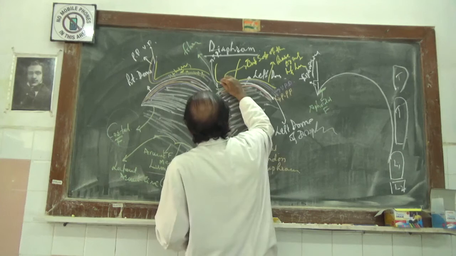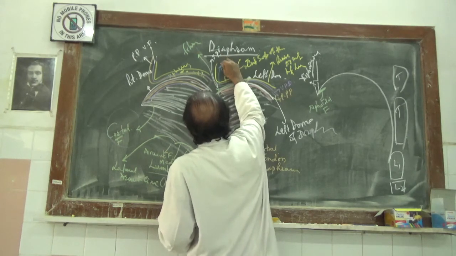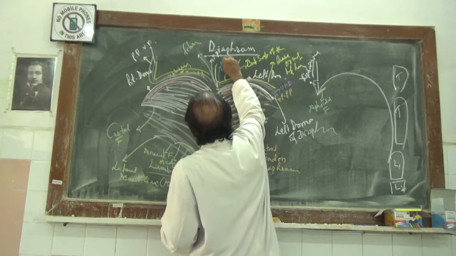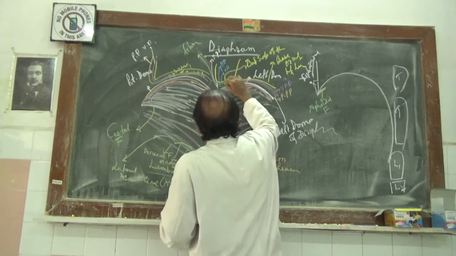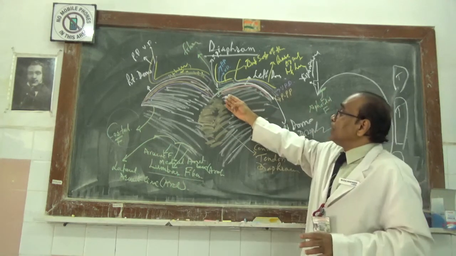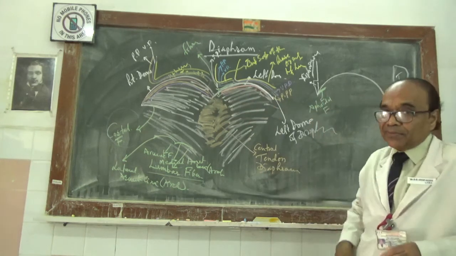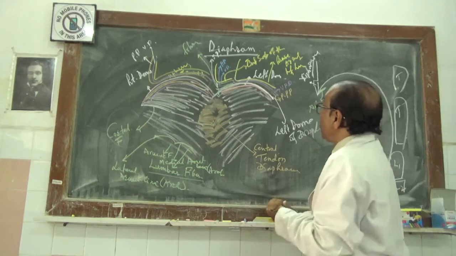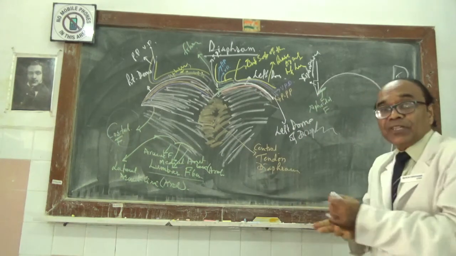The serous pericardium has two layers. This is the parietal pericardium, and the orange one will be the visceral pericardium, from the left dome of the diaphragm as well as the central tendon of the diaphragm. So this is how you will get into the things.